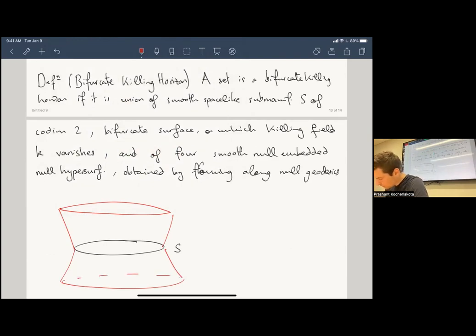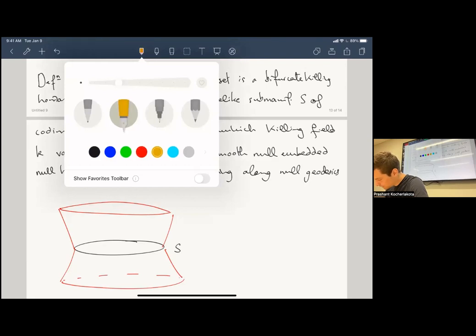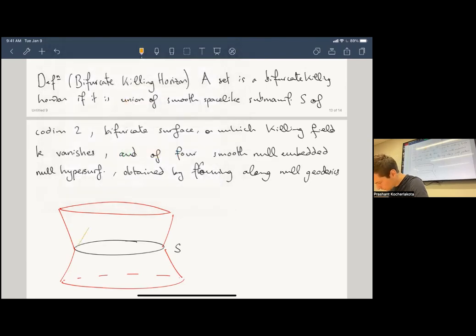Then you have ingoing ones. If I'm on the surface of the Earth, I can shine light away from the Earth, or I can shine it into the Earth. Now you see that you have 4 surfaces: 2 going up, 2 going down.